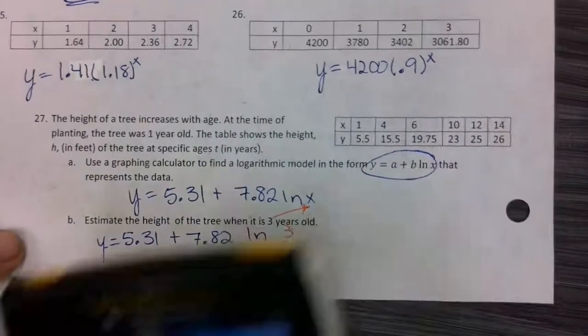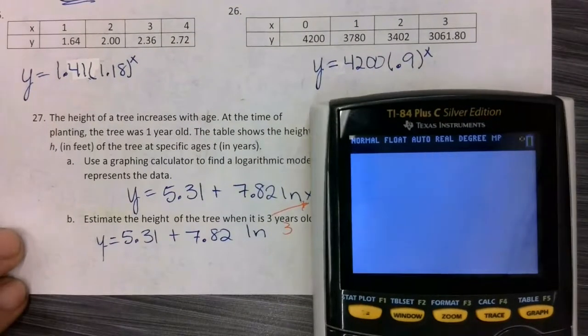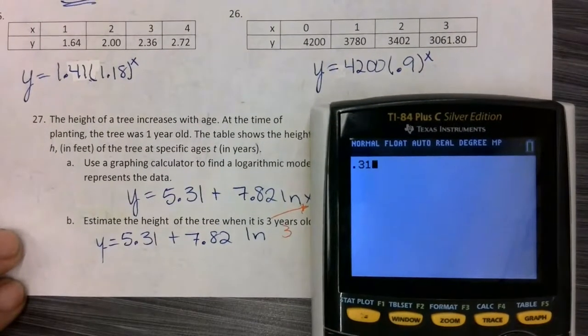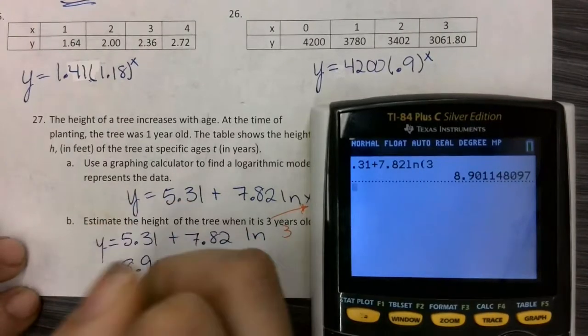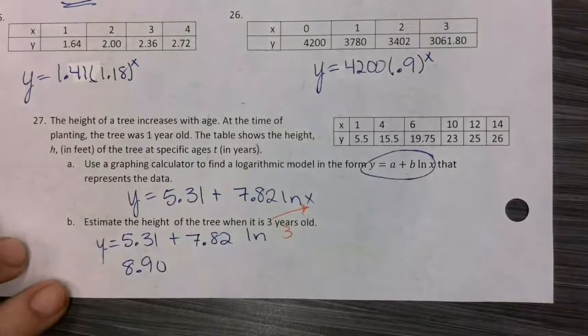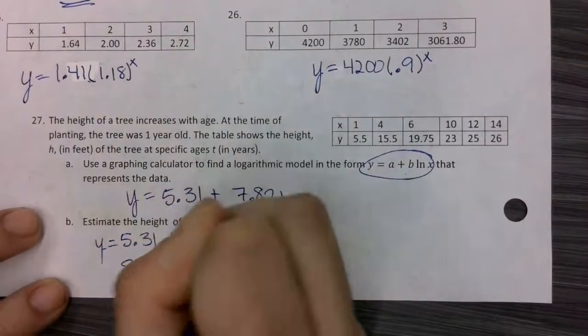So then I just go and type that in. 5.31 plus 7.82 ln 3, which gives me 8.90. Did I say it was in B?